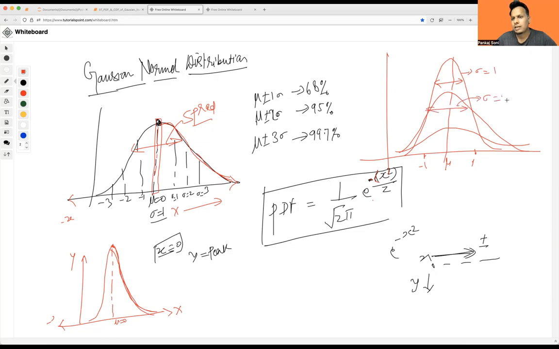Let's assume standard deviation equal to 2. Here spread is little more, right? It means values are far away from mean, means they are spread little more from mean. So here your standard deviation could be 3. Okay, so that's what you can see here.